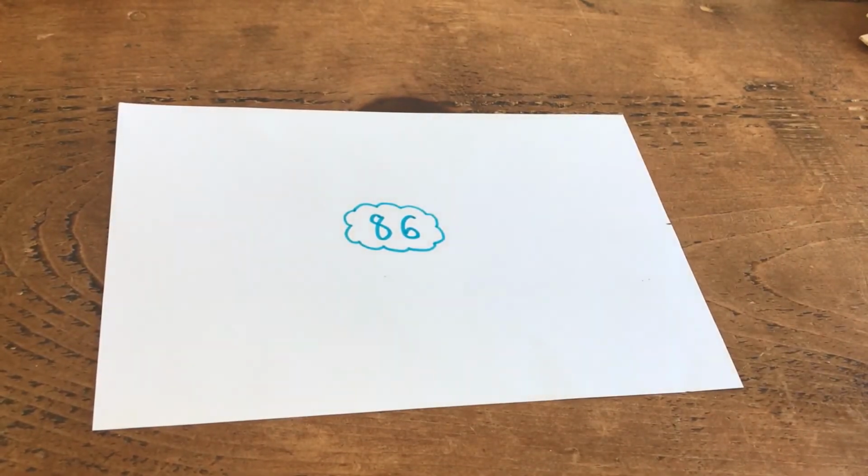So this is your challenge, your partitioning challenge, your little extra bonus. I want you to see if you can find as many ways as you can to partition 86. So you'll need a piece of paper for this. You can do a bit of a mind map like I've done. So obviously, what is the most obvious way to partition 86?